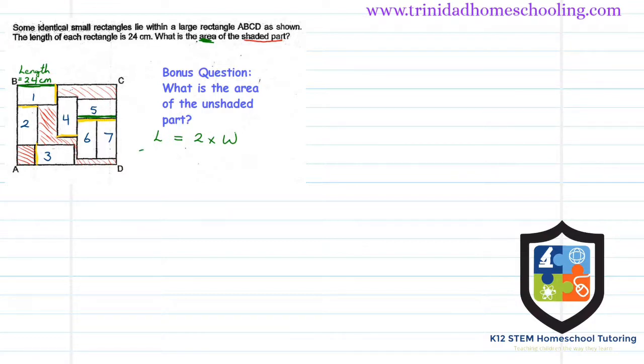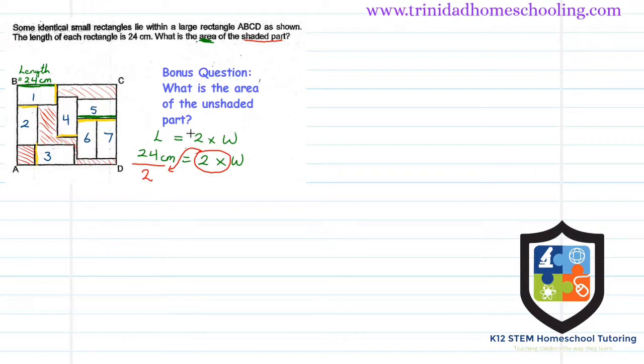So we know the length is 24 centimeters, and we know 2 widths make up one length. So to find the width, we would find the inverse of multiplication on this side, just division. We'll do the inverse operation here.